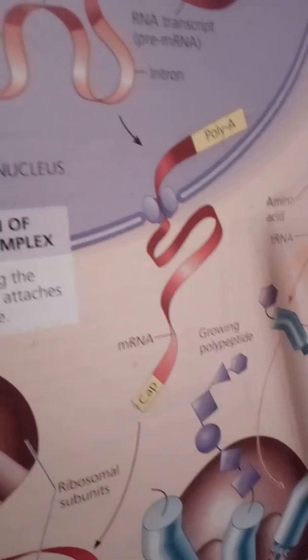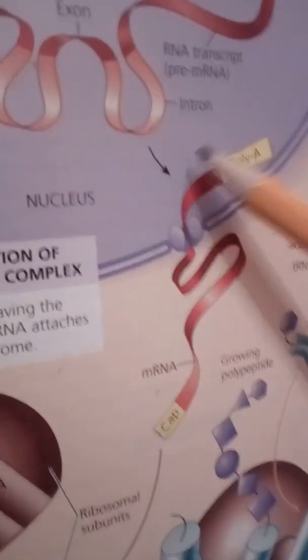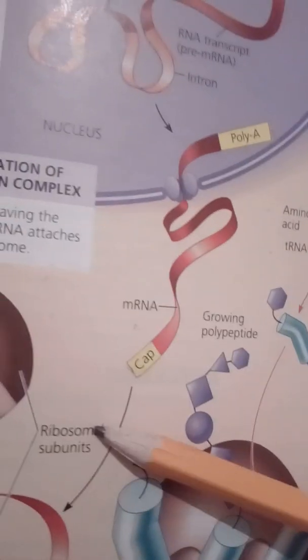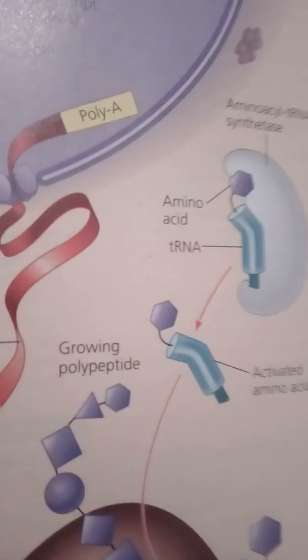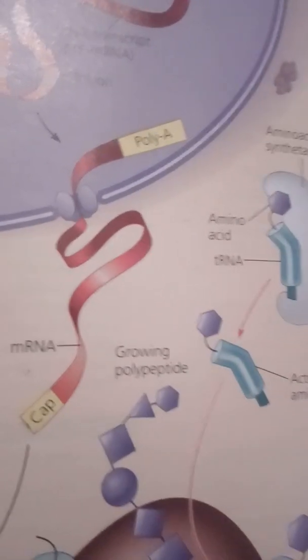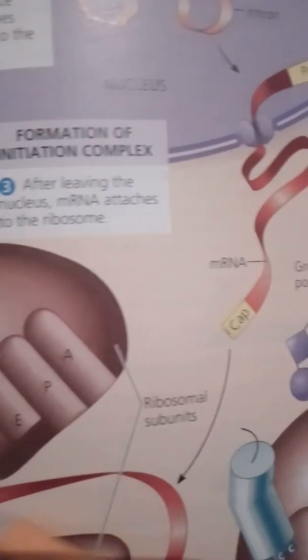Formation of the initiation complex after leaving the nucleus: mRNA attaches to the ribosome. Notice the mRNA and the ribosomal subunits. Each amino acid attaches to its proper tRNA with the help of a specific enzyme and ATP. Notice also the poly A tail and the cap.